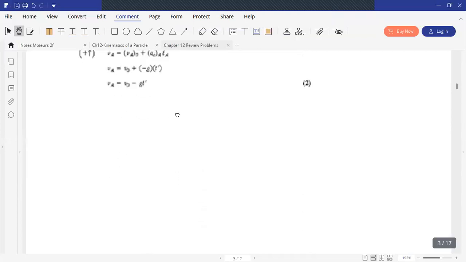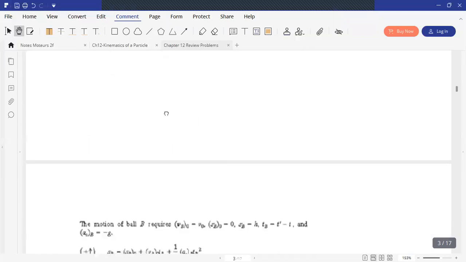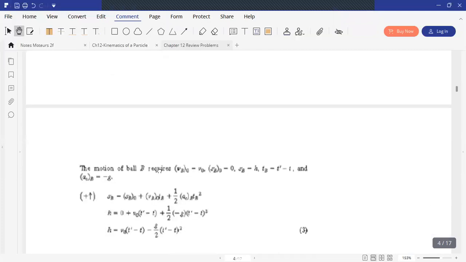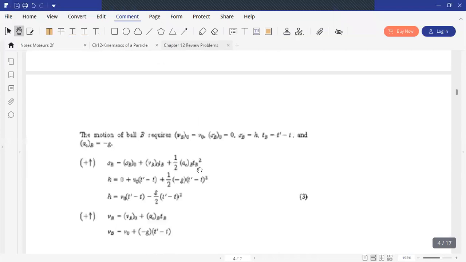And as we said for B, we will consider the difference of time, because what is TB? TB is T prime minus T. Okay, so it's the same form of the equation, but I replace T by T prime minus T. So for SB, I will have 0 plus V0 times (T prime minus T) minus half G times (T prime minus T) squared.